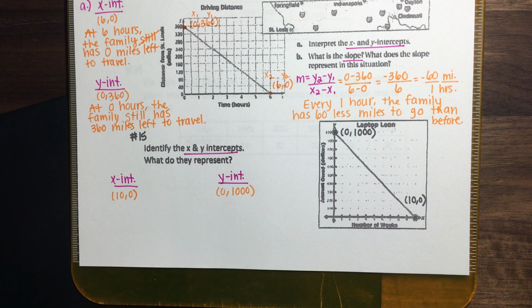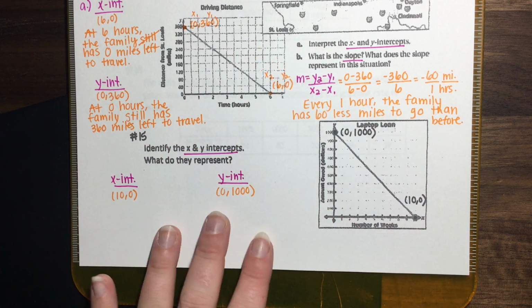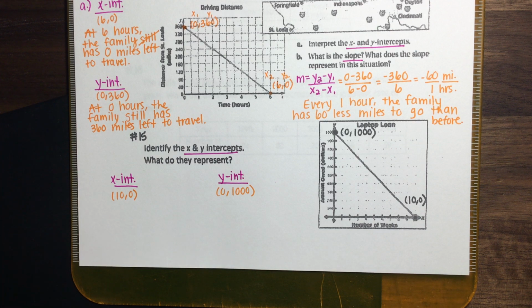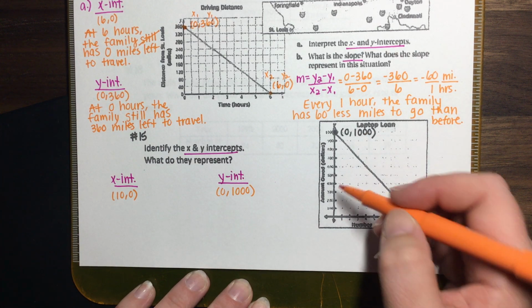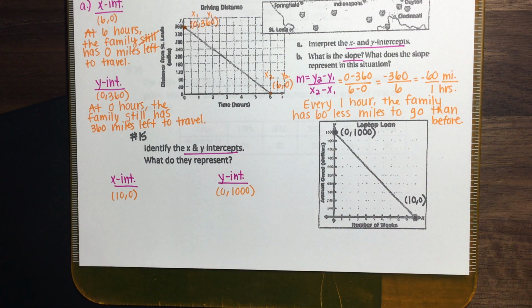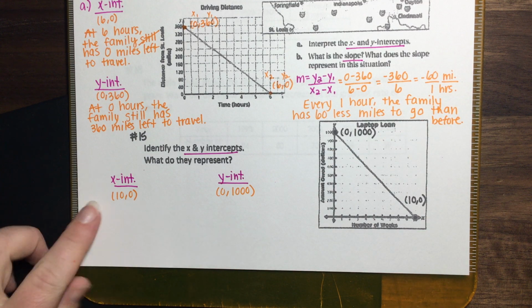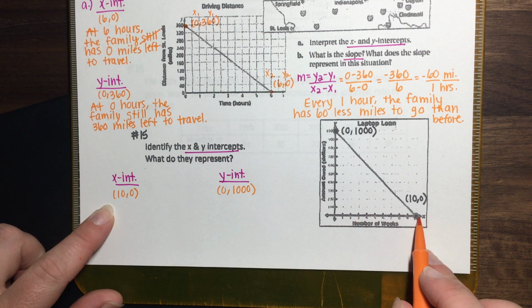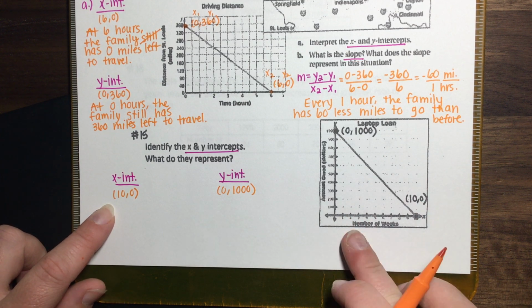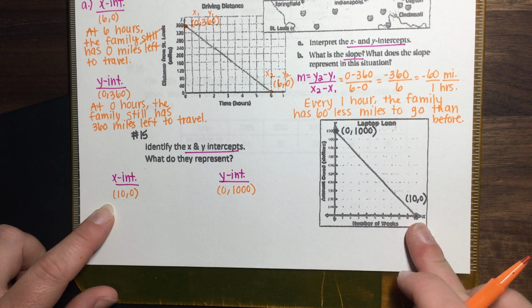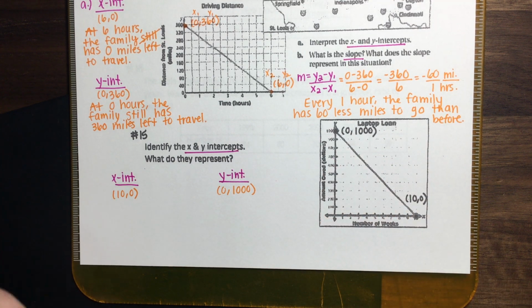Now I've got to use this situation to write and explain what it represents. It's talking about a laptop loan. It's the number of weeks on my x by the amount owed in dollars. If I look at 10 weeks here, it says I owe $0, because my x is at 10 weeks and my y is at 0 here.